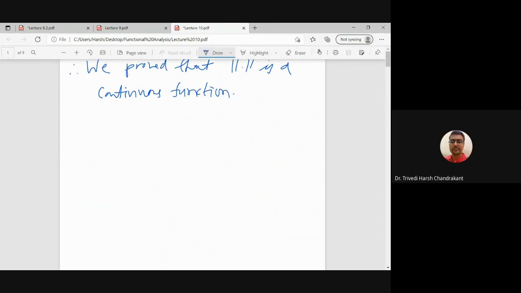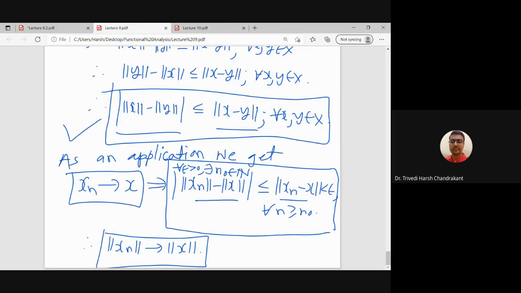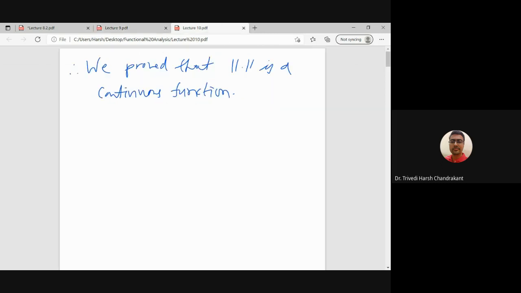Any function is continuous if xn converges to x implies f of xn converges to f of x, and f is the norm here. So xn converges to x implies norm xn converges to norm x. Therefore, norm is a continuous function from x to R. So that is the first observation.